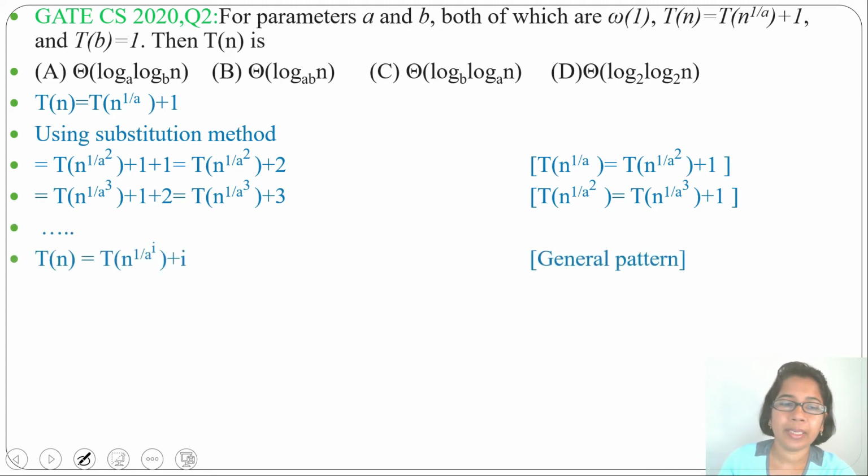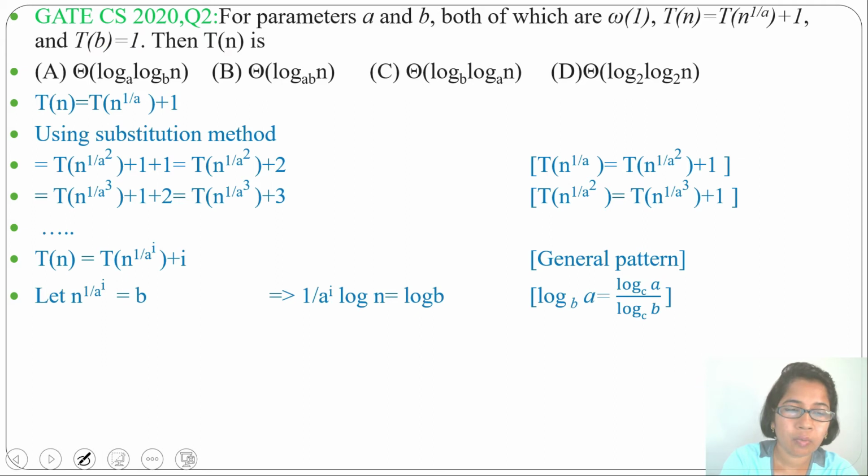T of n equals T of n power 1 divide a power i, plus i. And what is the initial condition? The initial condition is T of b equals 1. We need to compare this n power 1 divide a power i with b. So n power 1 divide a power i equals b.